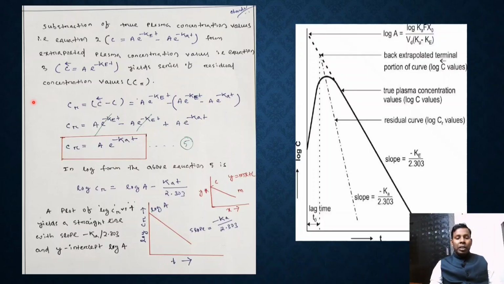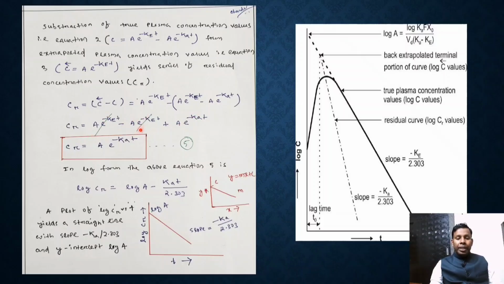So CR will be this minus this, meaning back extrapolated plasma concentration minus true plasma concentration. Now simple mathematics will apply. CR is equal to A into e to the power minus KET, minus this bracket will open, A into e to the power minus KET, plus, because minus minus becomes plus, A into e to the power minus KAT.